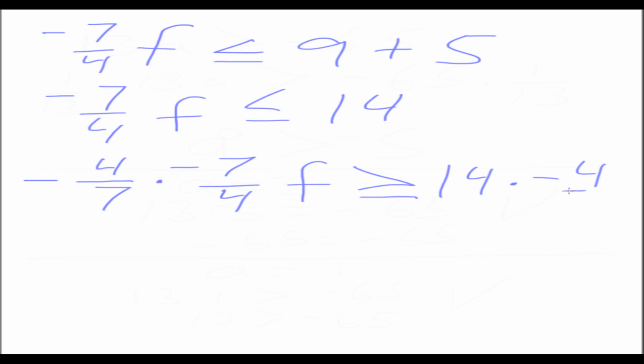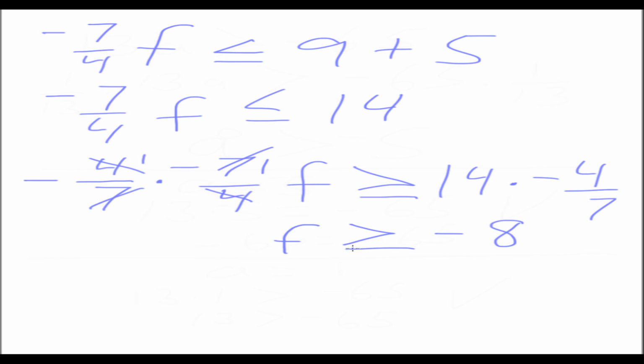Negative times a negative is a positive. That's a 1. 1 times f is just f. And f is greater than or equal to, let's see, 7 goes into 14 2 times. 2 times -4 is -8. And I see that f is greater than or equal to -8.